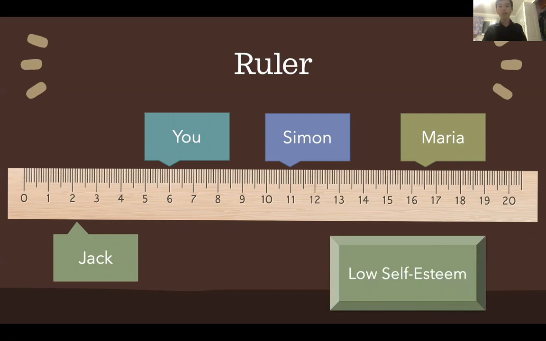And the result of this is low self-esteem. Something I want to mention here is that even though you're not the worst at math, like if you say Jack is one of the worst in your group, you still have low self-esteem because comparing Simon and Maria to be the majority of your group, you still see them as above you.